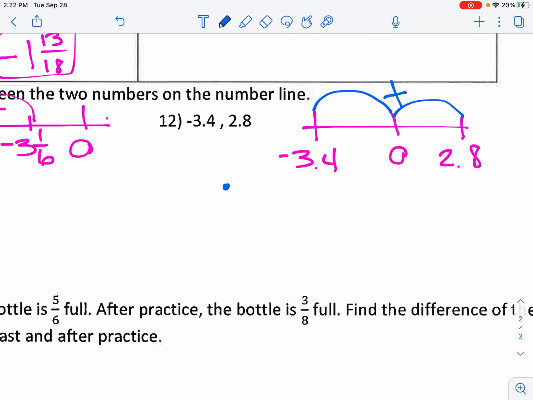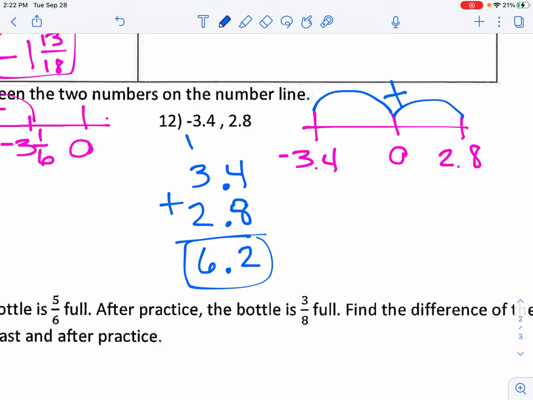So adding decimals, line them up, add 3 and 4/10 plus 2 and 8/10. Decimal comes straight down for addition. So the distance is a positive 6 and 2/10.